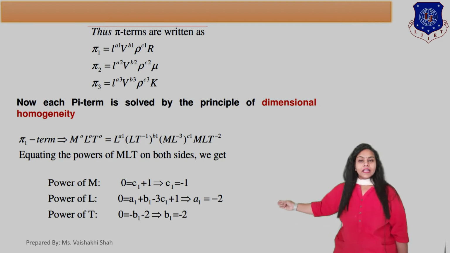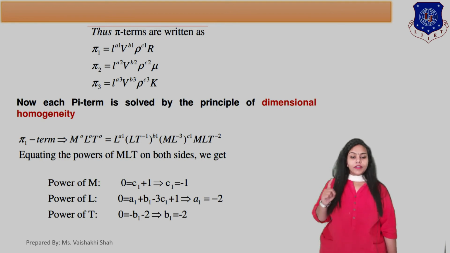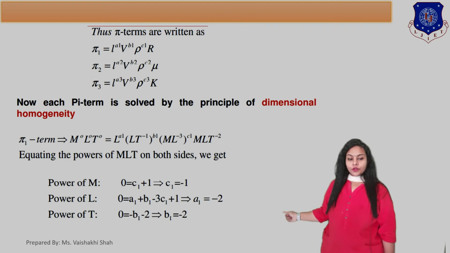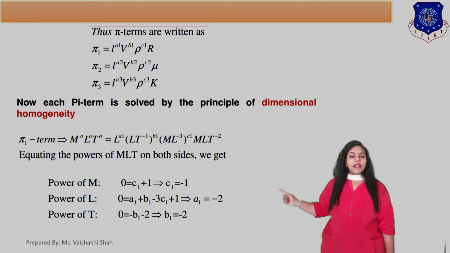Now in the second equation, the power of L, if we place the values of c1 and b1, minus 1 and minus 2, you get a1 equals minus 2.